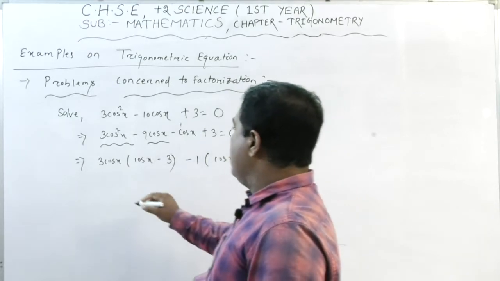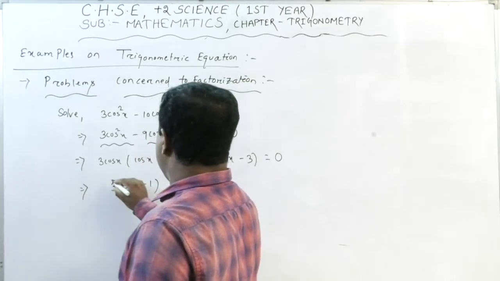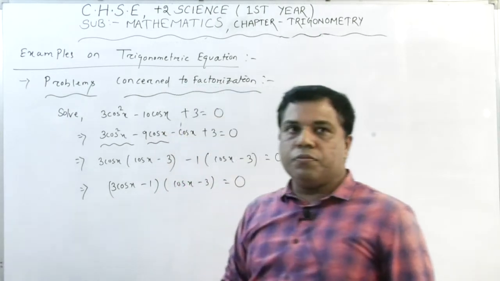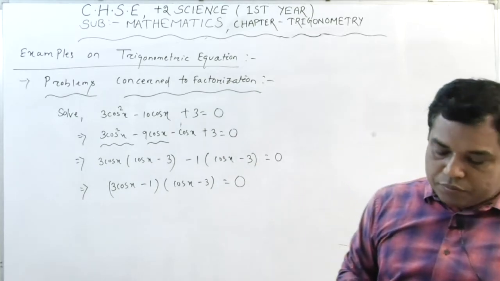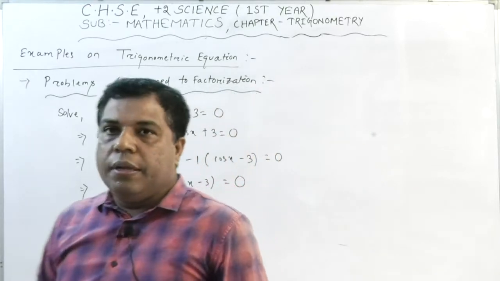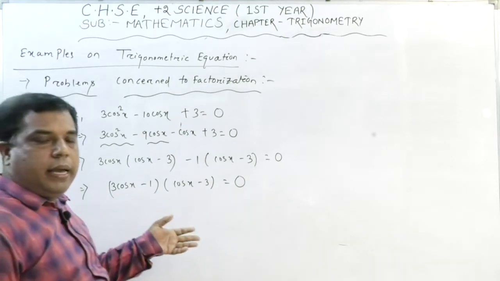So it is 3 cos x minus 1 multiplied by cos x minus 3 equals 0.